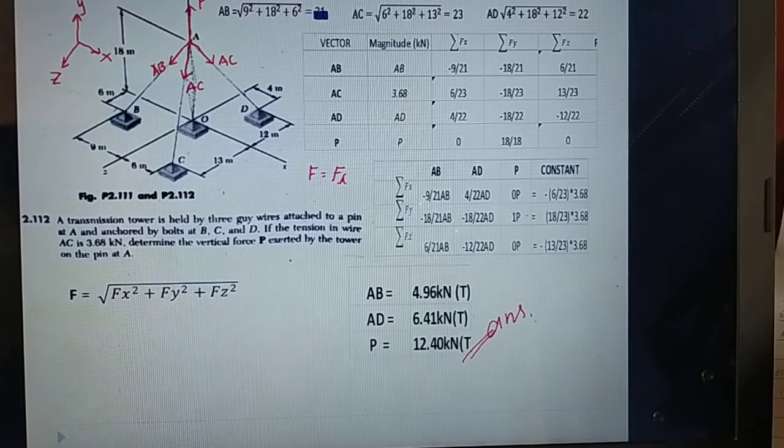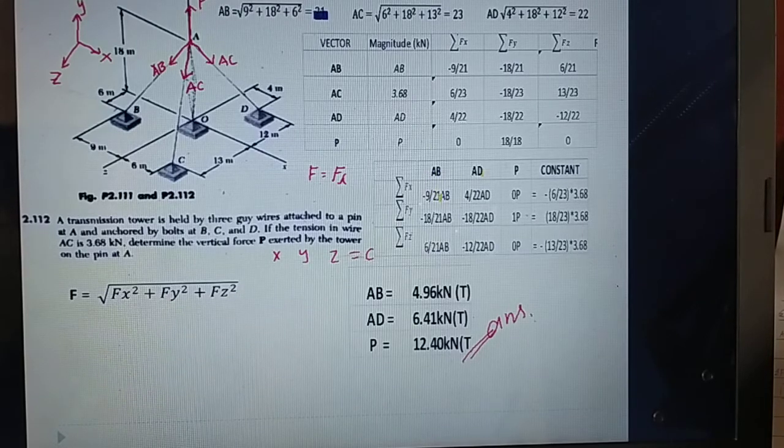It's like three simultaneous equations having three unknowns, x, y, and z equals constant, and this one is the coefficient of the variable. Okay, so in the simultaneous equation, our variable is AB, AD, and P.